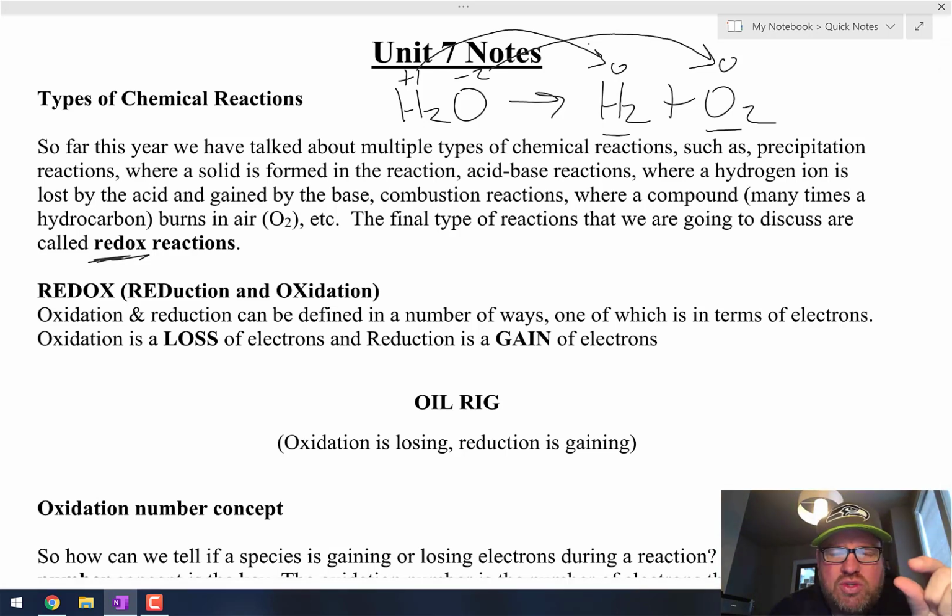It's going from a +1 charge to a 0 charge, and oxygen's charge is actually increasing, going from a -2 to a 0 charge. And what that represents is electrons moving. And that's really what a redox reaction is: electrons transferring from one thing to something else. Something is losing electrons, and another thing is gaining electrons.